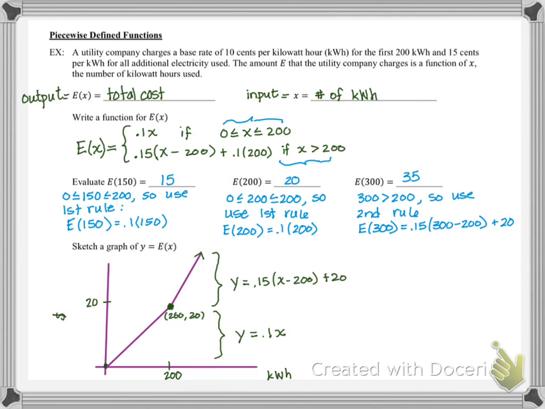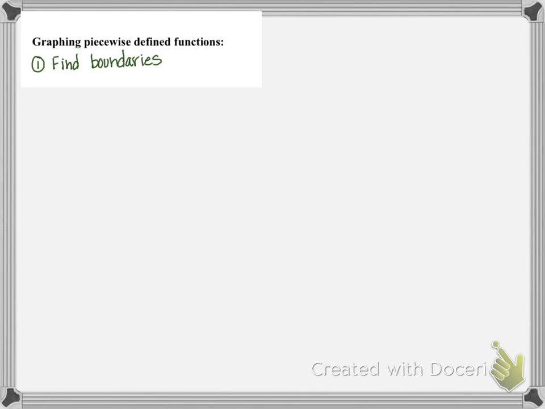So in this case, our boundaries were at 0 and at 200. Because we graphed one equation between 0 and 200, and then we graphed another equation to the right of 200. So those boundaries just tell me when I'm switching from one equation to the other, so I know when to stop my line.